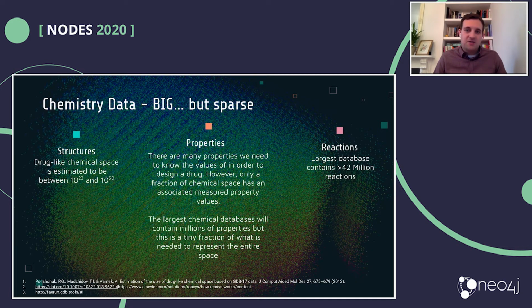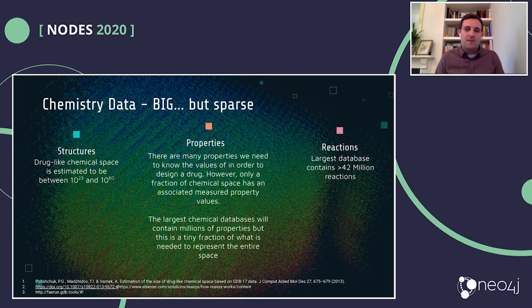And then reactions I mentioned earlier. When we're talking about how big data is, the largest reaction database contains just over 42 million reactions. This is the Reaxys database, but this again is far from complete.